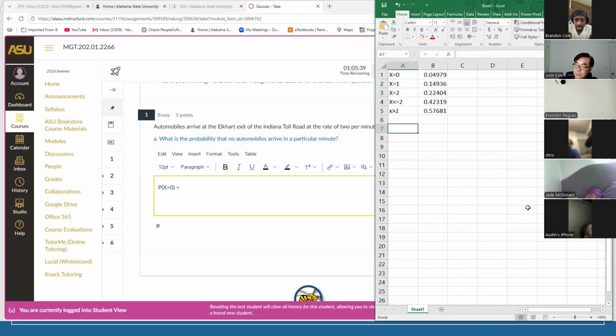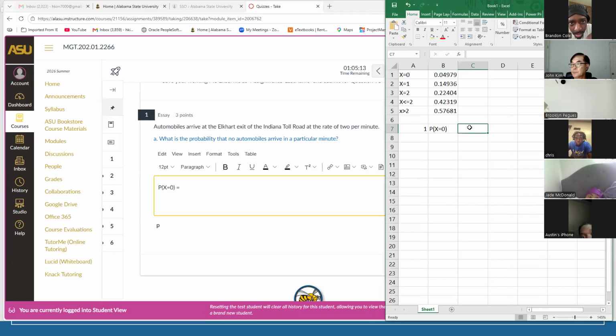Question 1. Probability of x equals 0. Next, using Poisson distribution function, x equals 0, so 0.